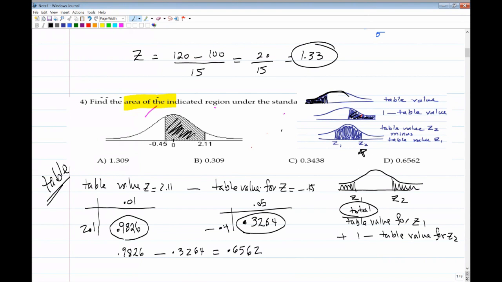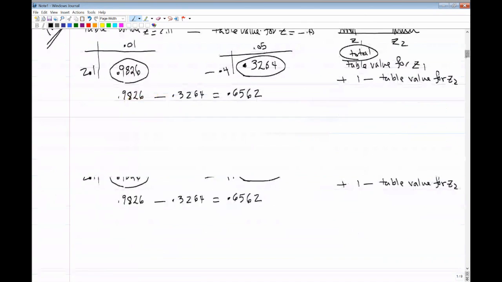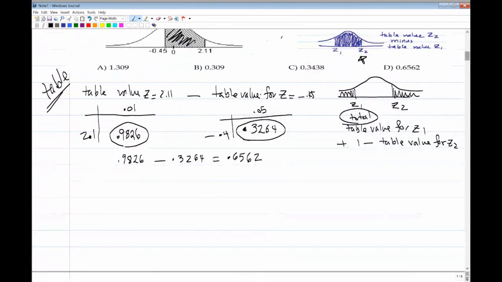Now, if you're using the calculator, which is TI-83, you can click on second distribution, and then it will open a parenthesis for you. But first you click on number 2 and you open parenthesis, you type negative 10,000.